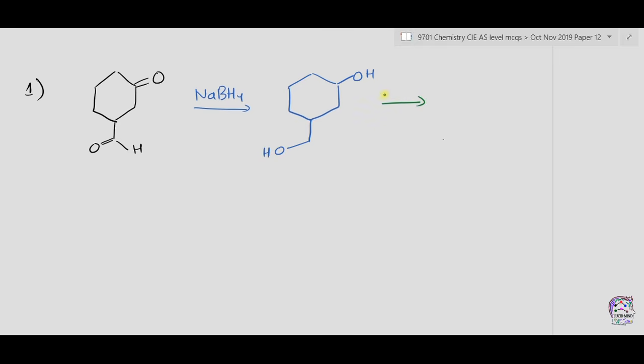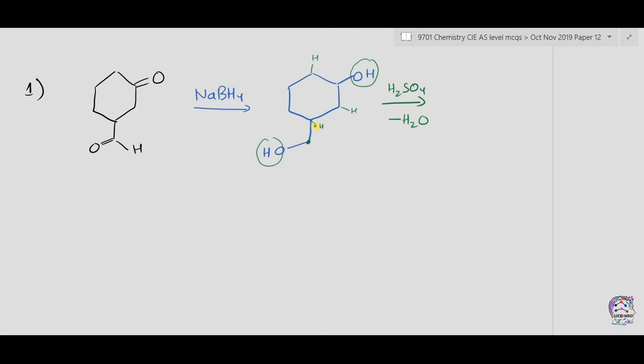Now the second reaction is with H2SO4 and dehydration will occur. In dehydration a water molecule is removed, so from one carbon we have OH being removed, and from the adjacent carbon, which could be this one or this one, a hydrogen atom will also be removed. Similarly, OH from this carbon atom is removed, and a hydrogen atom from the adjacent carbon, which is this one, will be removed.